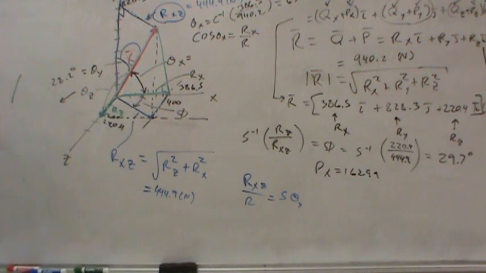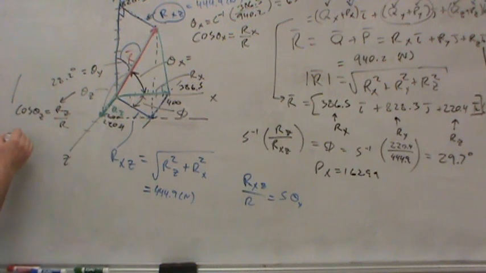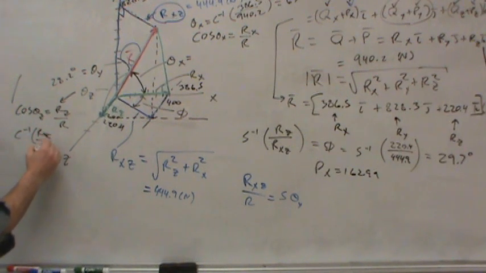How would we calculate theta z? You can look at it just based on the pattern of what we've got, cosine theta x. Look on page 63, the equations are sitting there. Same thing, but with the z component instead of the x component. It's that simple. So if we take the inverse cosine of rz over r, we should get theta z. So let's do that next.